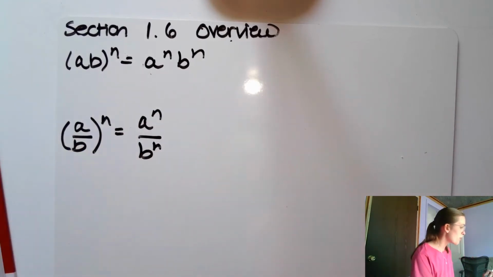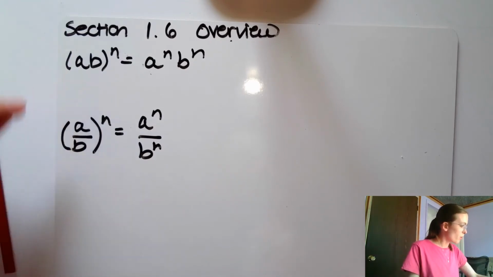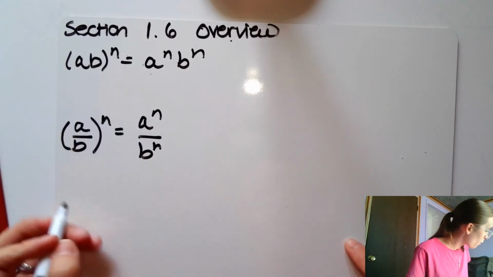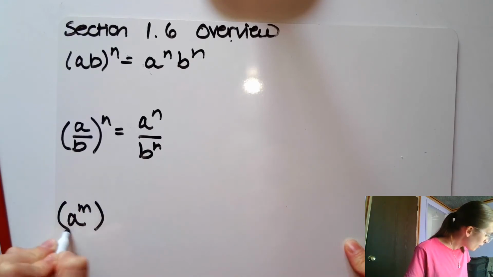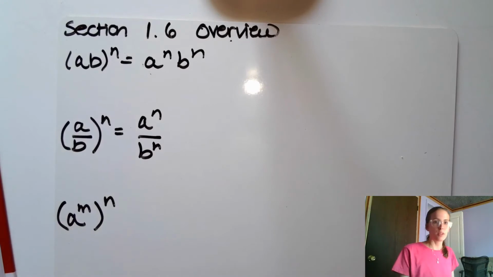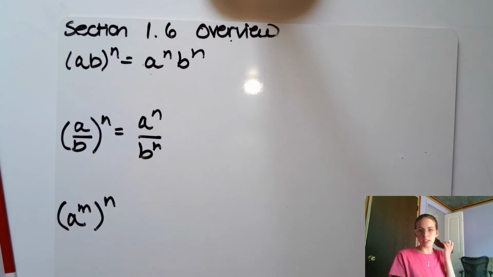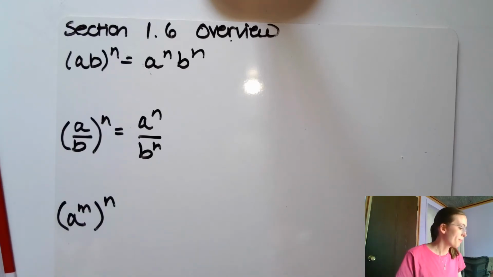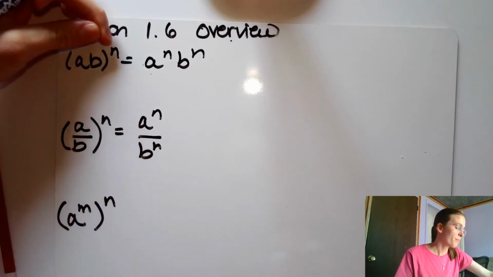We actually have 3 more rules: raising a product to a power, raising a quotient to a power, and, out of order, the power rule, a to the m to the nth power. First, raising a product to a power: a times b to the nth power equals a to the n times b to the n, where a and b are real numbers and n is an integer.